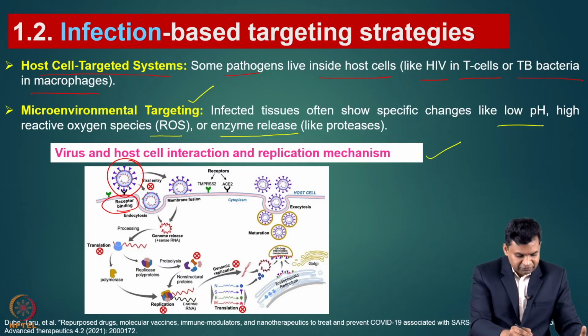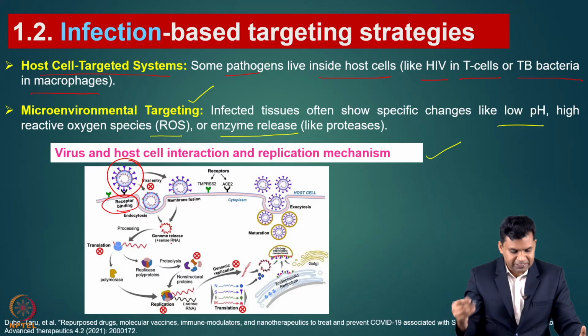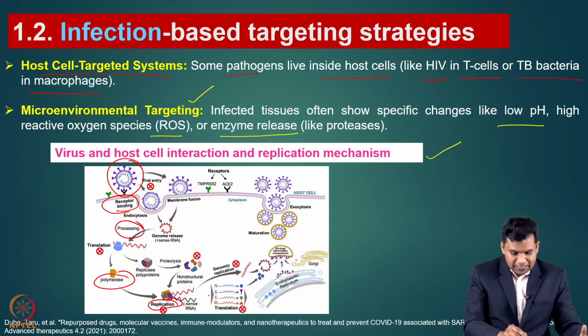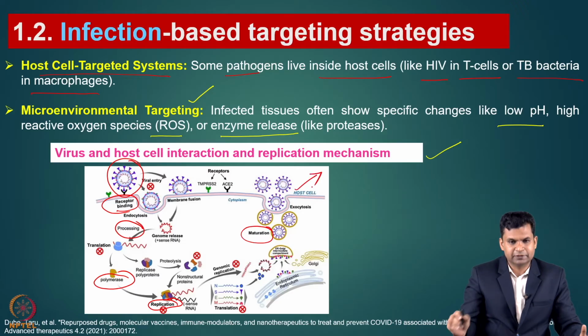Further it will be taken up by a mechanism, and then it will undergo processing and the polymerase reaction. Further it will undergo replication, and after maturation it will be released from the host cell.